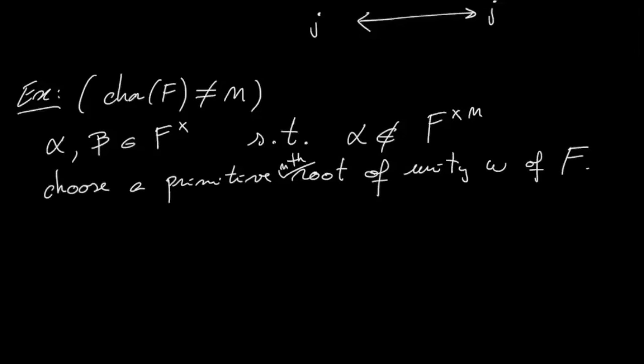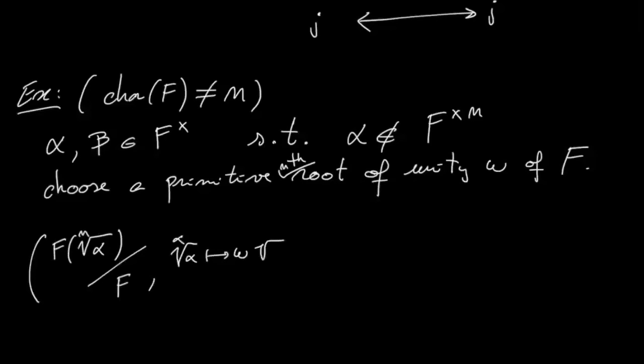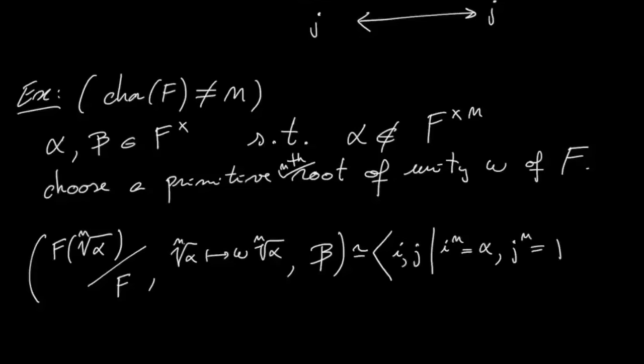Now it turns out that if you look at this cyclic algebra, where to F you add the nth root of alpha, and you take the generator sending this element to w times itself, and you take for element beta, then this admits a more explicit description given by the F algebra with two generators, where the power n of the first gives you alpha, the power n of the second gives you beta, and they commute up to w.